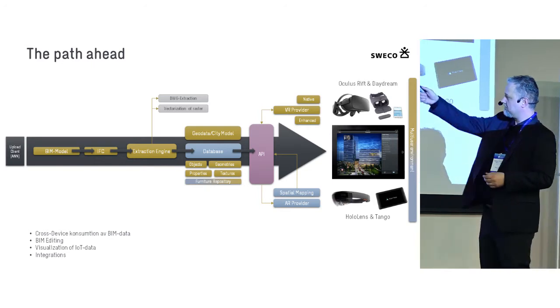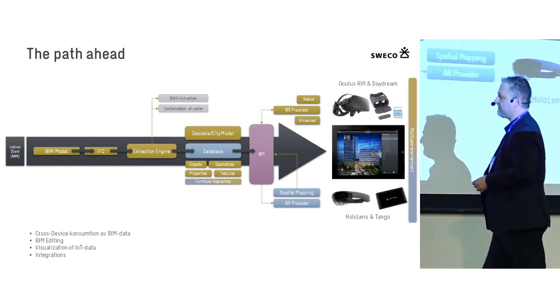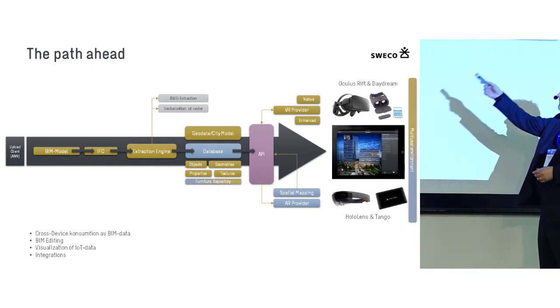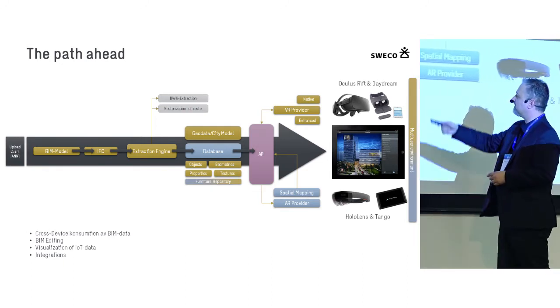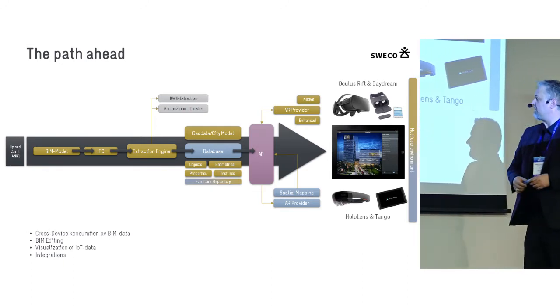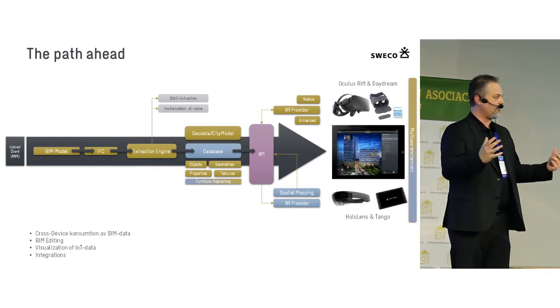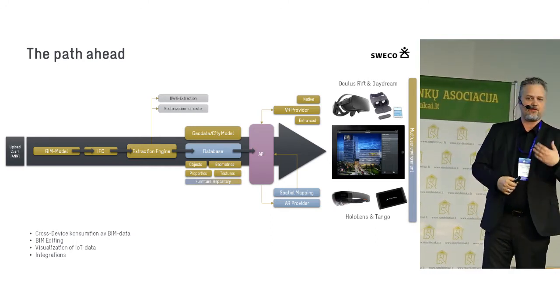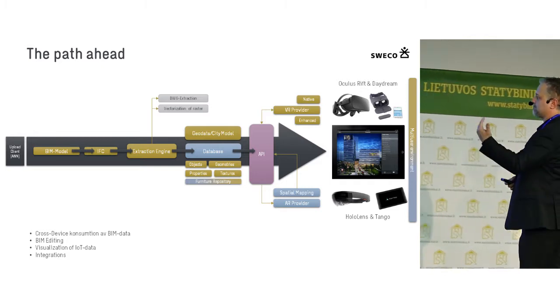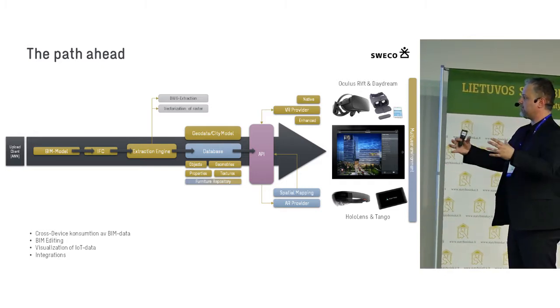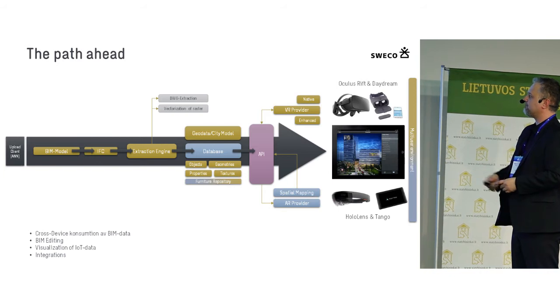You can put textures through this pipeline too, but if they don't have any, we have a texture repository where, as long as you have stated the material in the BIM model, we can add from a small library of textures.